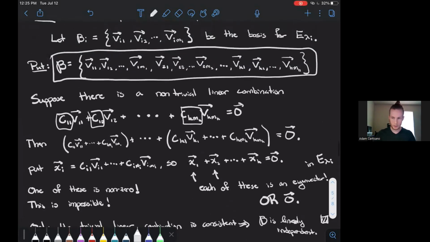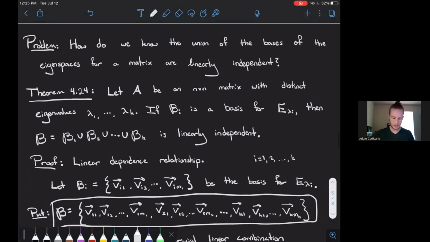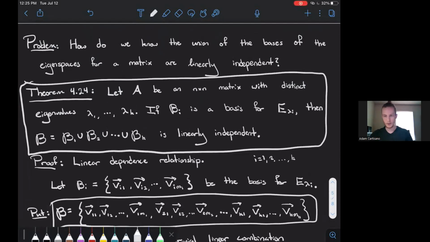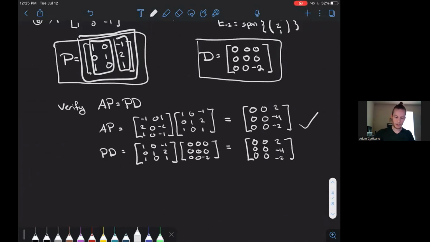So you can go and pretend you never heard any of this, but I do want to double back and box in the theorem itself, because the theorem itself is a really big deal. It says that if you take the union of the bases of your eigenspaces, you will end up with a linearly independent set. We did it once and it was really, really hard, but it makes it so that whenever we have to do this computation, we never have to double check.